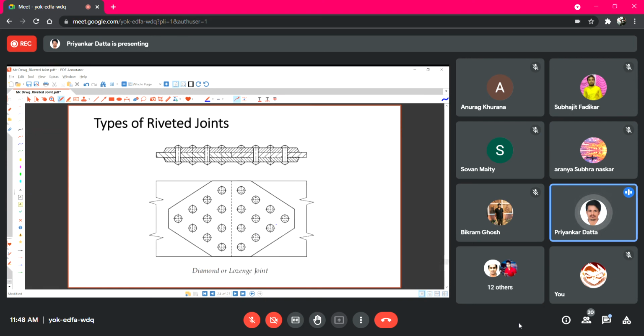Additionally, some special types of riveted joints are also there. This one is diamond or lozenge type joint.